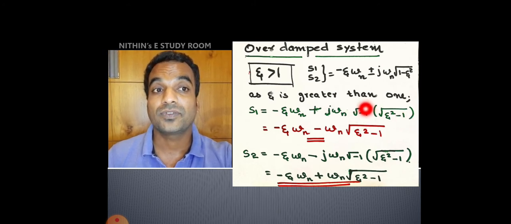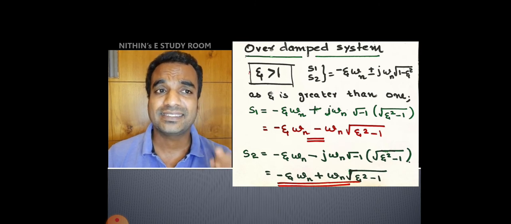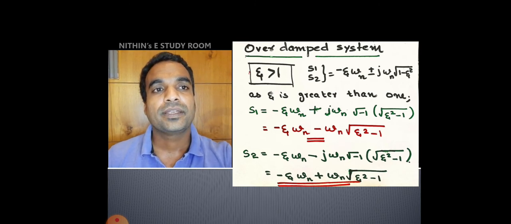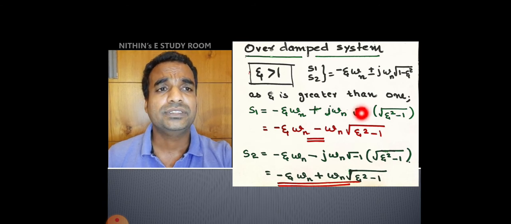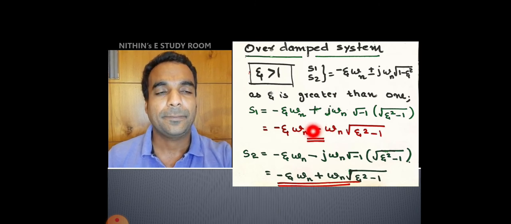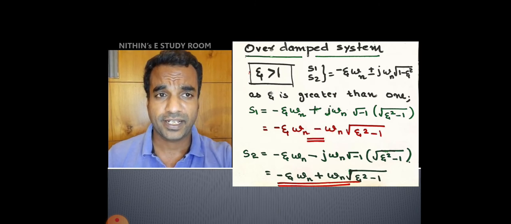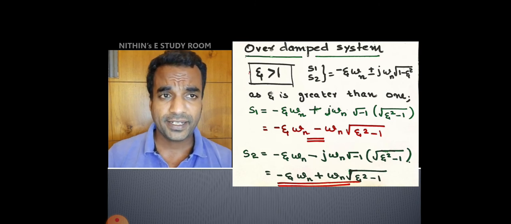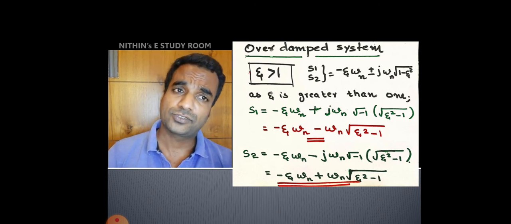So root minus 1. What is root of minus 1? It is j. So here you already have a plus j, and here my root of minus 1 is also j. So j into j is minus 1. So finally this plus will become minus, or negative: minus eta omega n minus omega n root eta square minus 1.